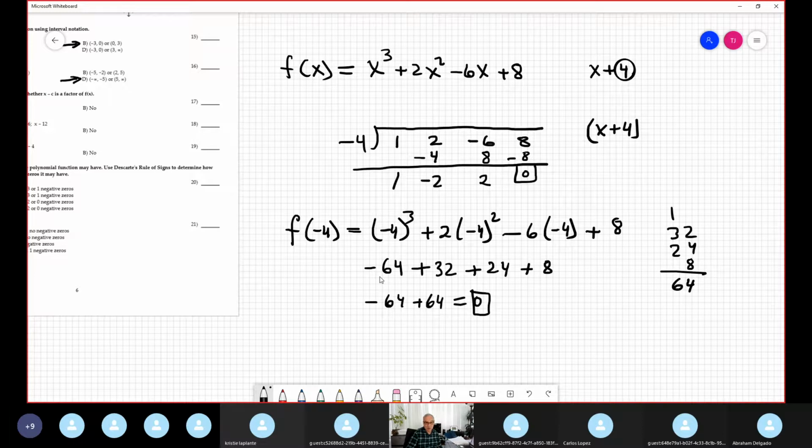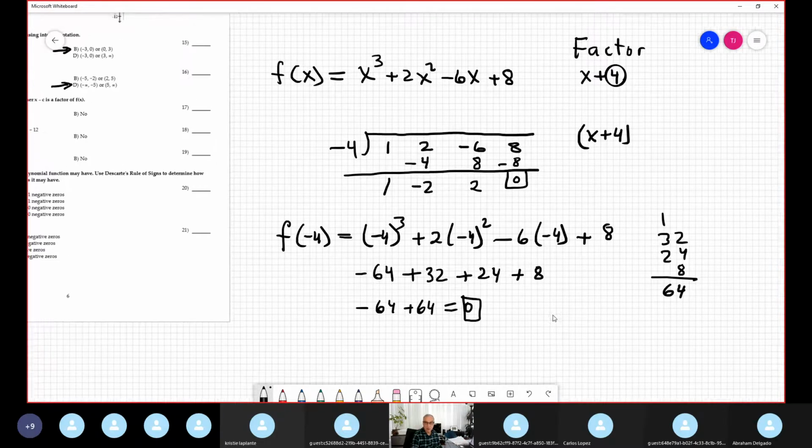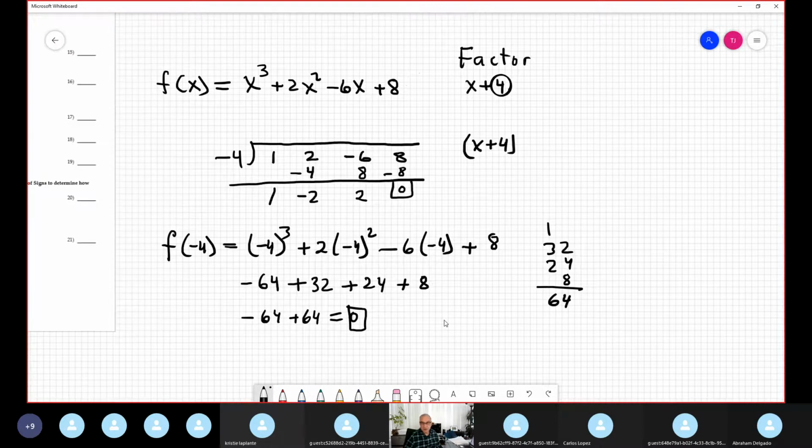But actually, the thing I want to illustrate is that in synthetic division, the only thing you are doing is a shortcut, an easy way of plugging in this 0. This factor is associated with x equal negative 4. The thing I'm doing in synthetic division is plugging negative 4 into the polynomial, and the answer is 0, which represents the remainder of the synthetic division, and because of that the factor belongs to the polynomial. Got it?